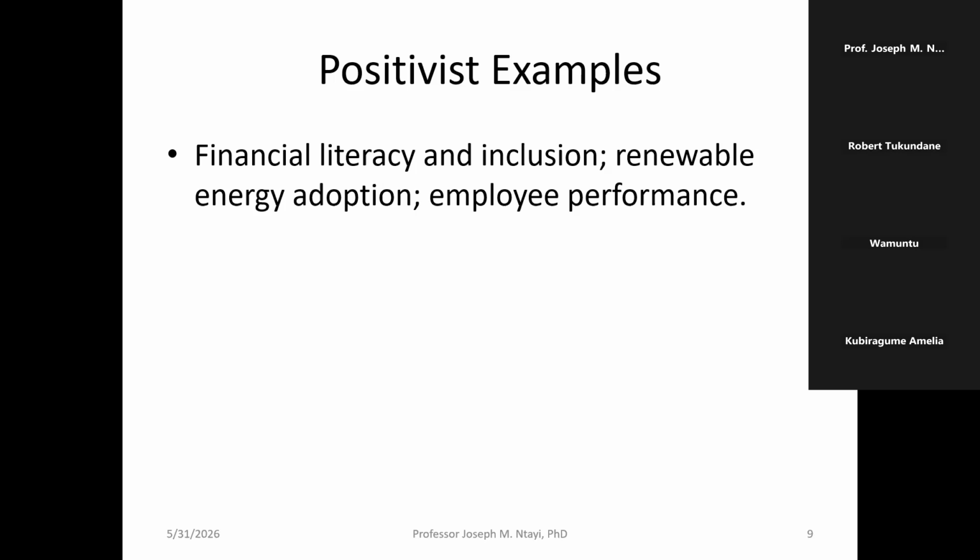So that means that you're going to come up with a problem that will center around the thinking that although financial literacy is widely regarded as a critical determinant of financial inclusion, empirical findings remain inconsistent across developing economies.